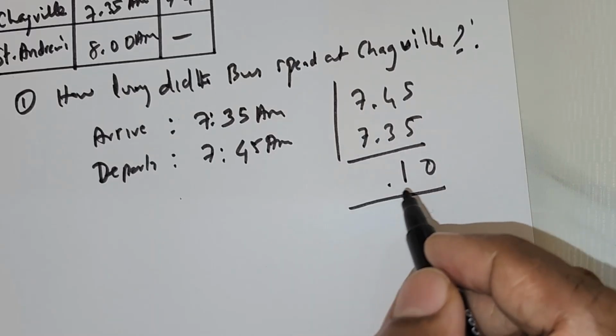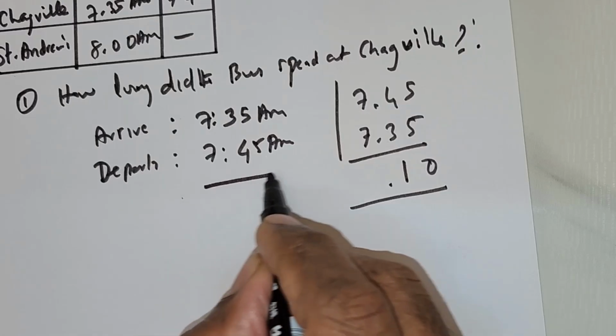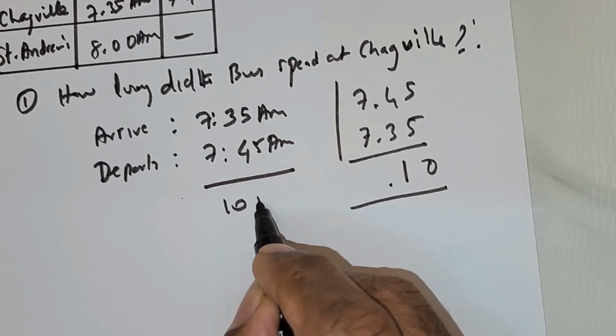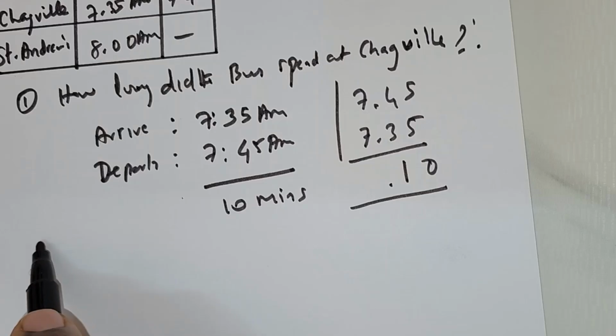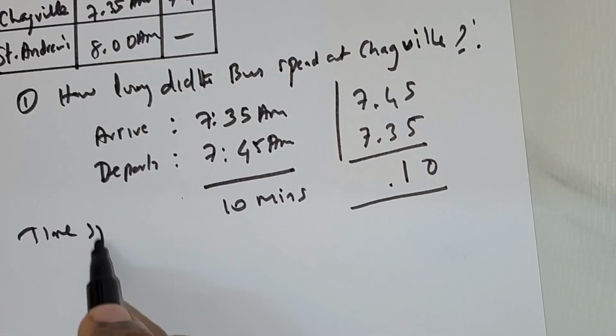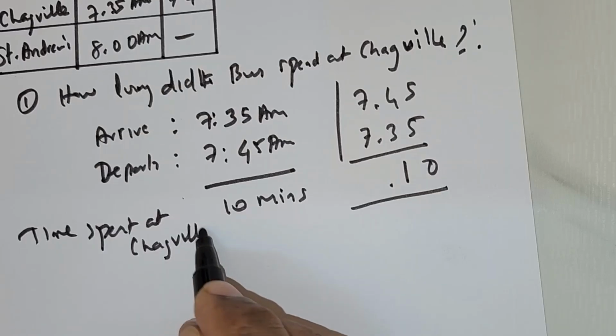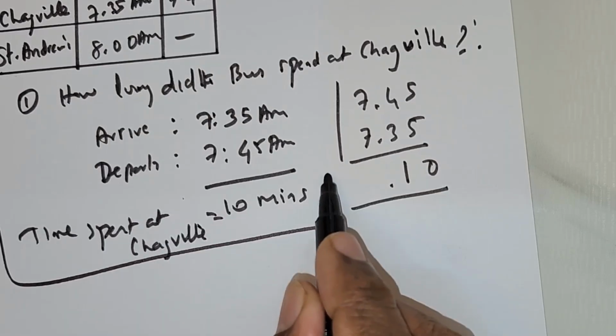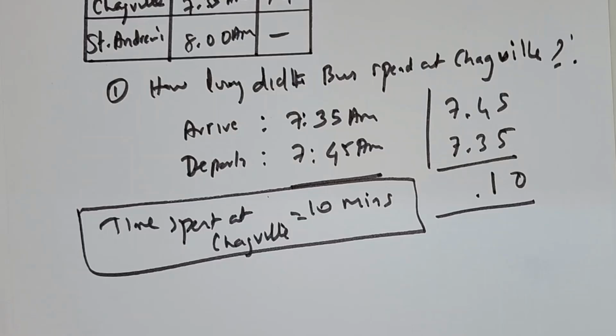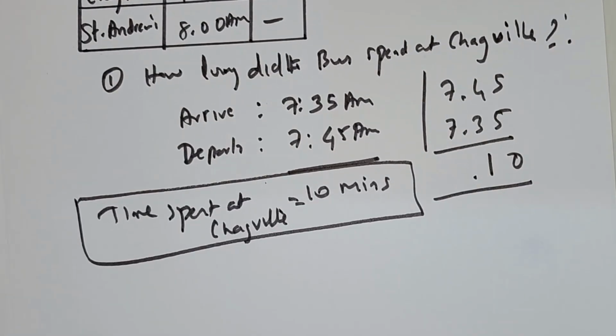So this component you are getting is actually in minutes. So this is equal to 10 minutes. So you can state that time spent at Chagville is equal to 10 minutes. So you can box the result.